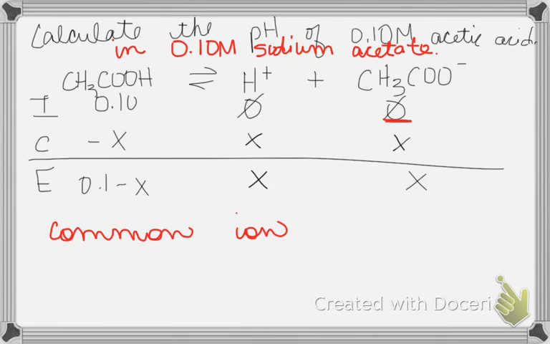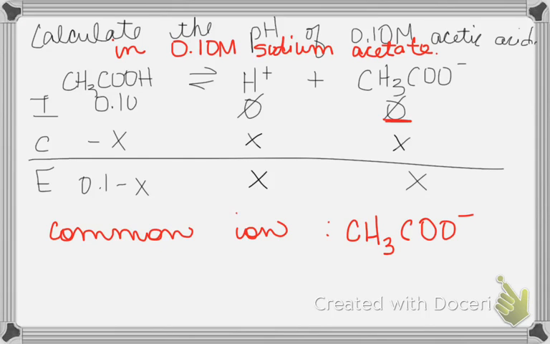Okay, that's a term that you might see some. Chapter 17 starts off talking about an effect called the common ion effect. In this example, since I'm putting acetic acid, and I know this is how it ionizes, in sodium acetate, for this one, the acetate is the common ion.